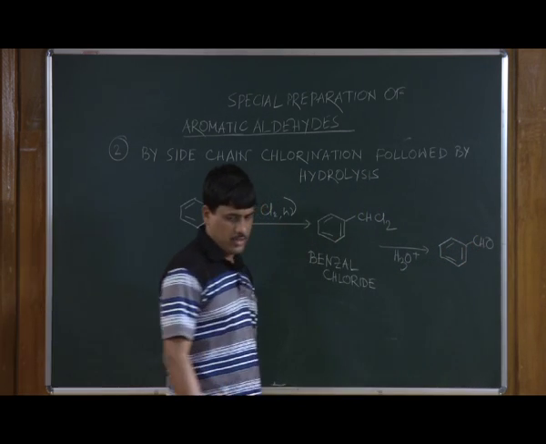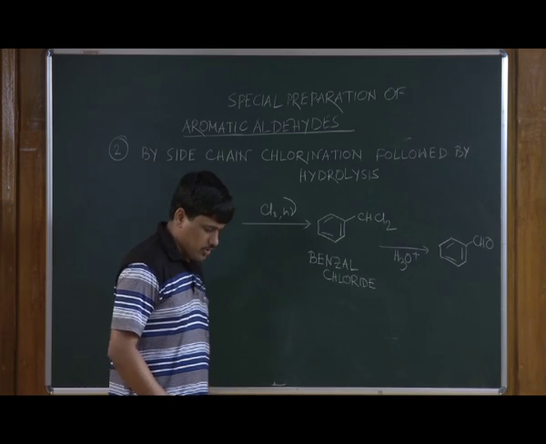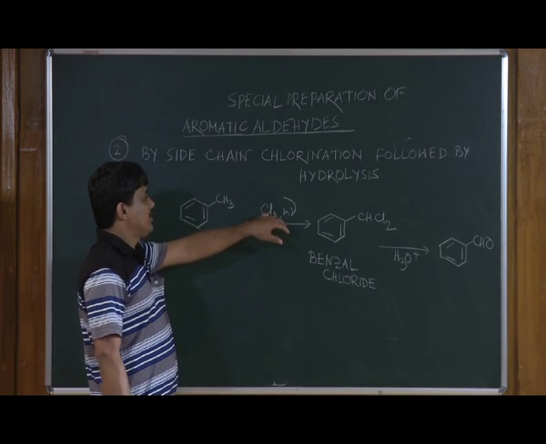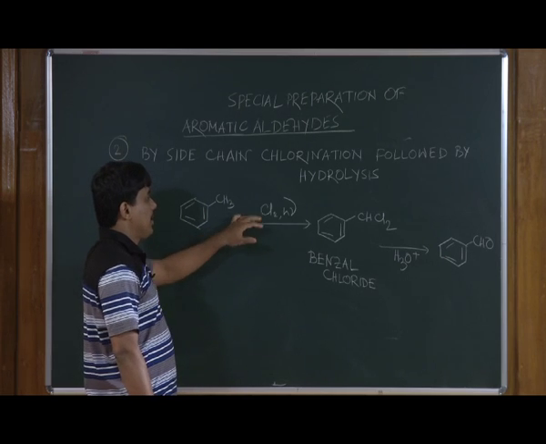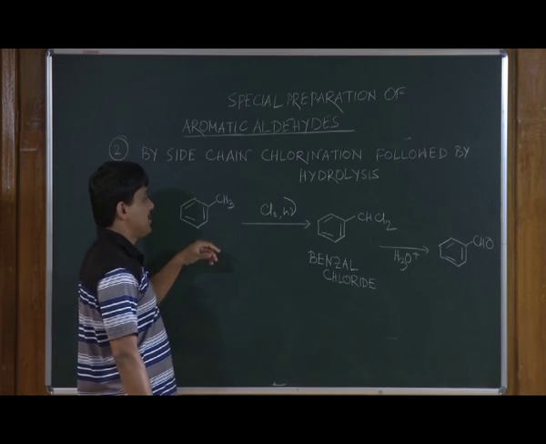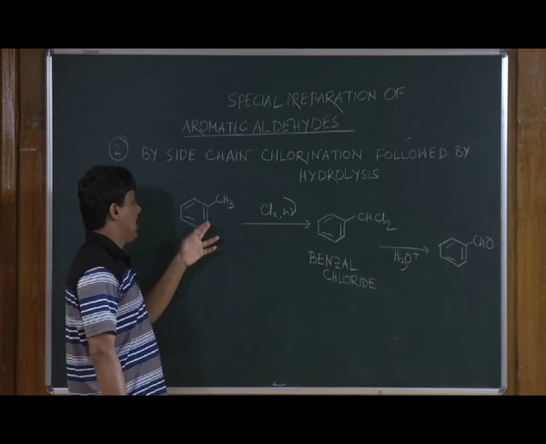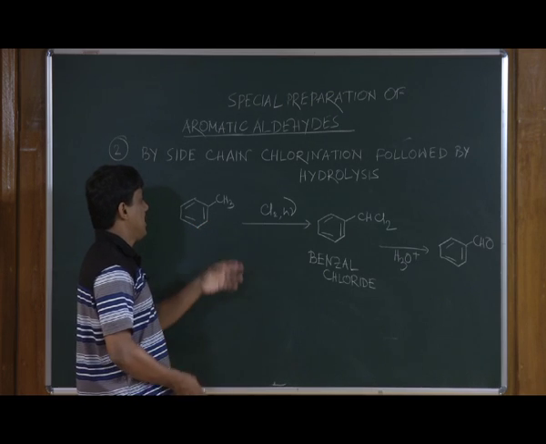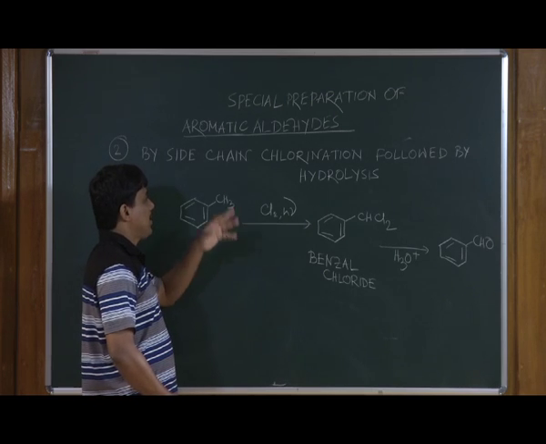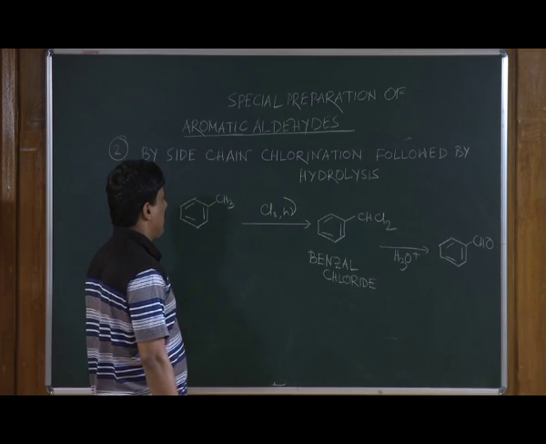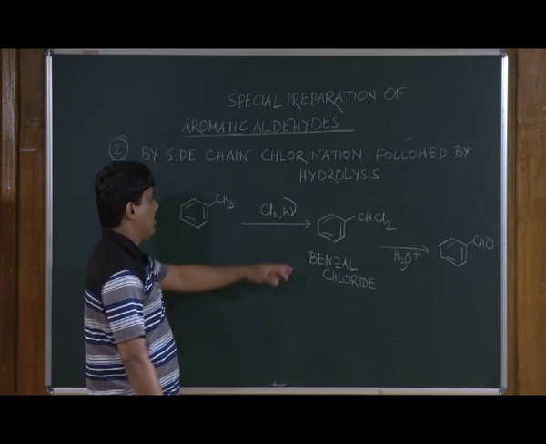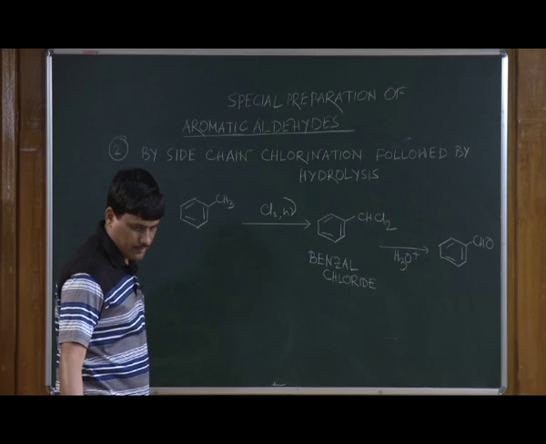And this on hydrolysis gives benzaldehyde. So, this is very important, this is side chain chlorination. If you put chlorine and any Lewis acid, then the chlorination will happen on the ring. So, for selective chlorination on the methyl group, you have to use UV light so that the radical method, the chlorination, will happen.